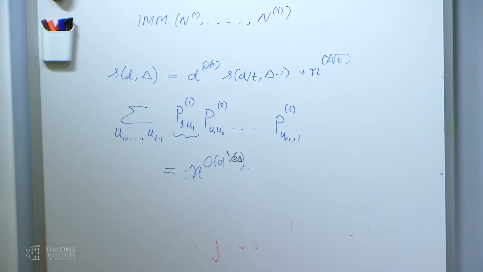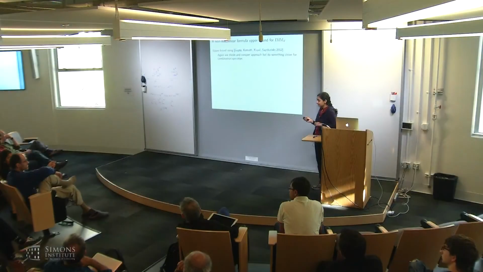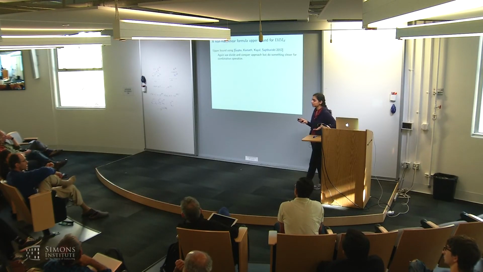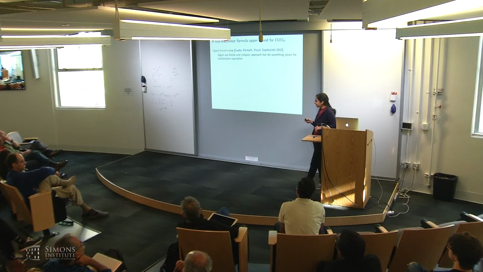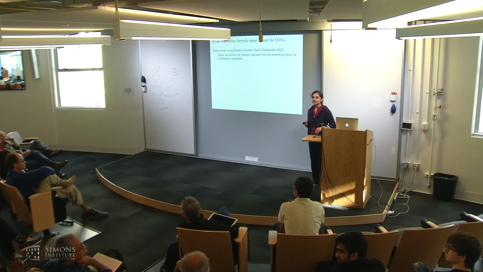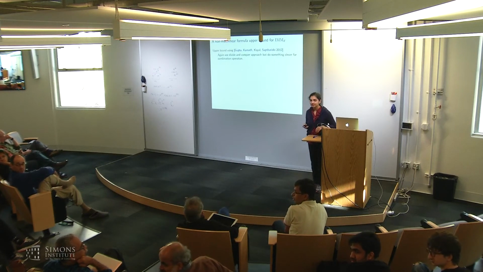So they prove that IMM of d matrices can be done by depth 3 circuits of size n to the square root d. And this is an arbitrary circuit with no partial restriction. It's not multilinear. It turns out to be inhomogeneous, non-multilinear, all sorts of bad things. So if you're doing depth 3, how do you make sure that the overall depth hasn't gone up?